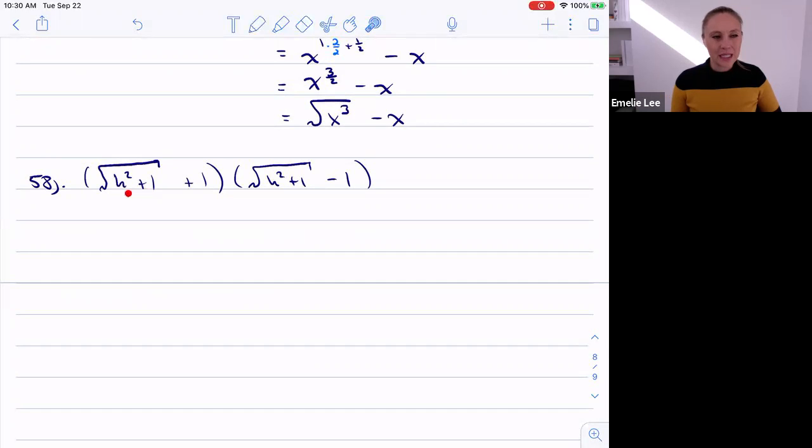Because I'm adding in here, I can't break up the square root, right? So I'm going to have to treat this as one thing, okay? And that's going to be really important. As soon as you have adding or subtracting inside the square root, we can't break it up anymore.